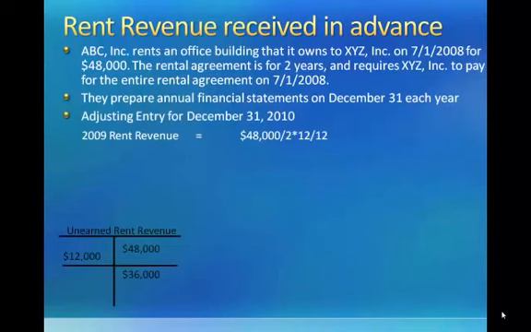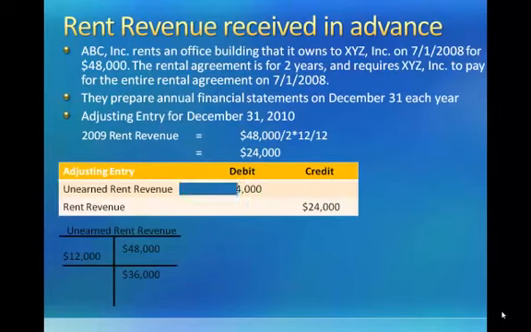So for this one, you can take the $48,000 total amount divided by 2, since it's a 2-year rental agreement, and multiply it by 12 over 12, or just 1 year. And you end up with $24,000. So the adjusting entry in this case would be a debit to unearned rent revenue for $24,000 and a credit to rent revenue for $24,000. This adjusting entry reduces the unearned rent revenue account to $12,000, which is the 6 months that are still remaining on the rental term that you still owe the other company.